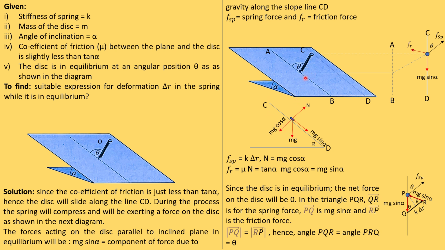Now, which forces are working on the disk when the spring is under compression? One is the spring force in this direction. One is the component of gravity along CD, that is mg sin alpha. And one is the friction force. These three forces in total should be zero for keeping the disk in equilibrium.